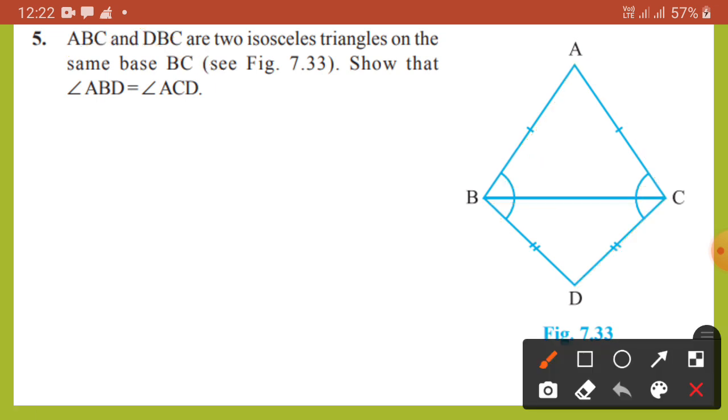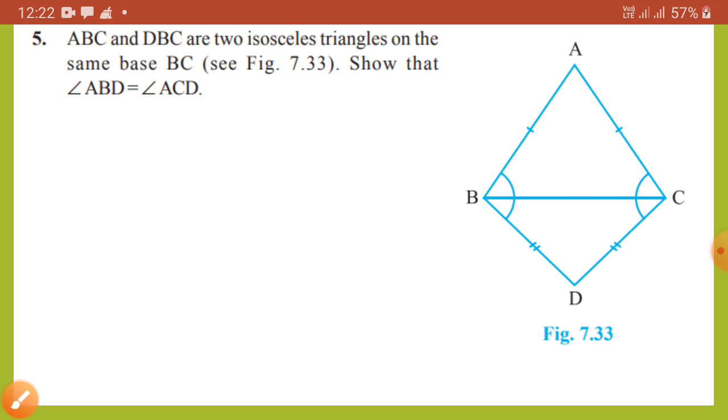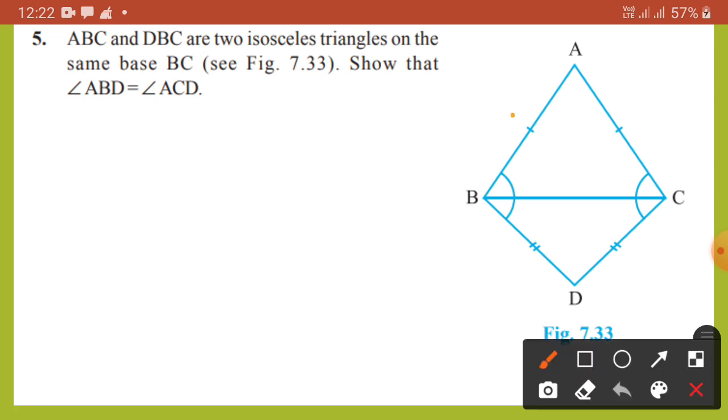So in isosceles triangle ABC, we have AB equal to AC, and angle ABC is equal to angle ACB.